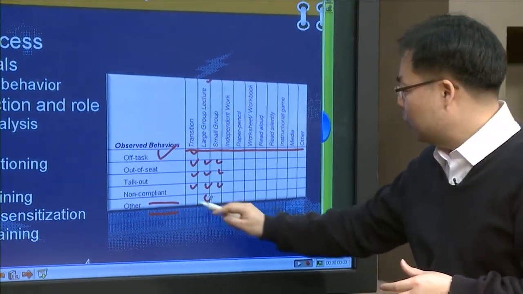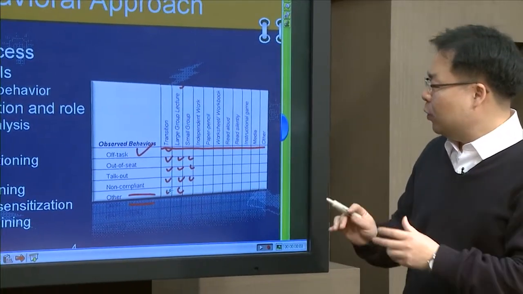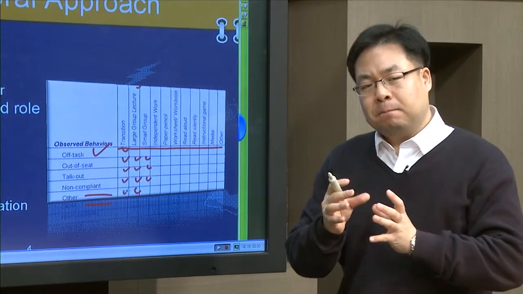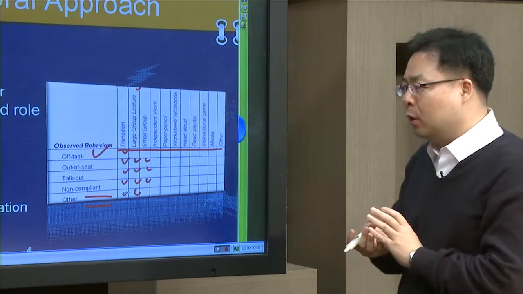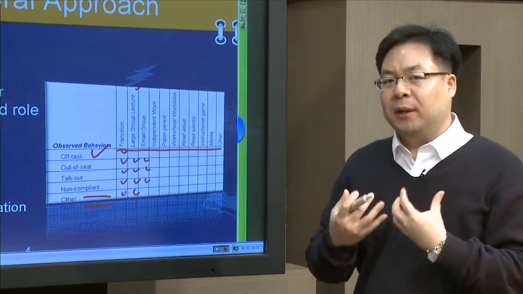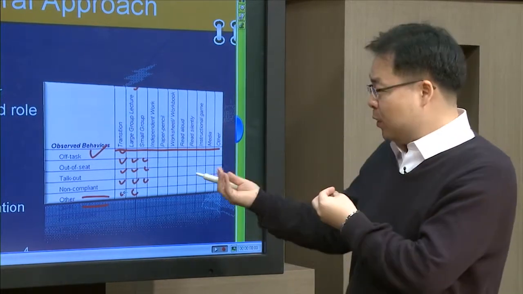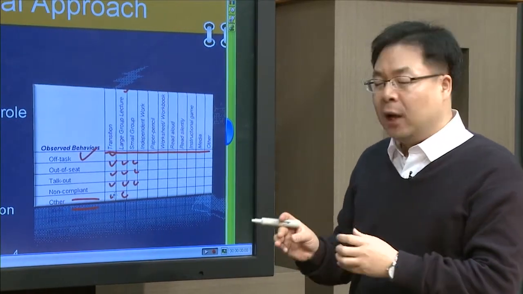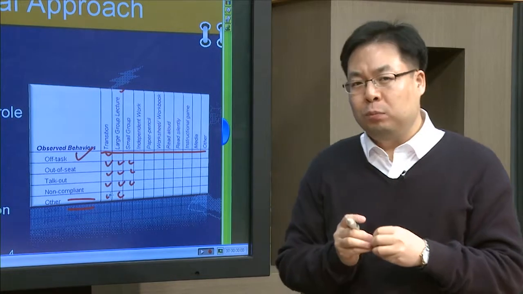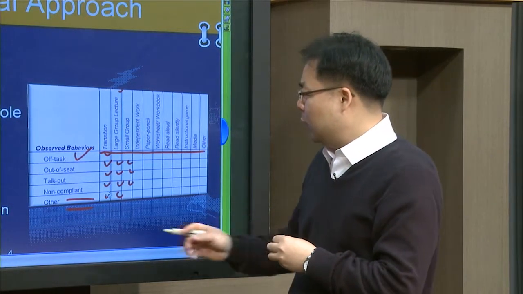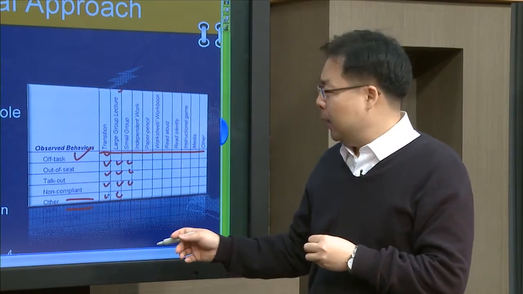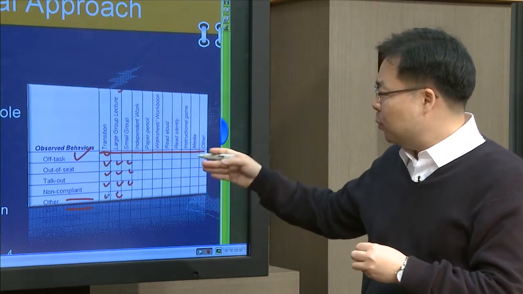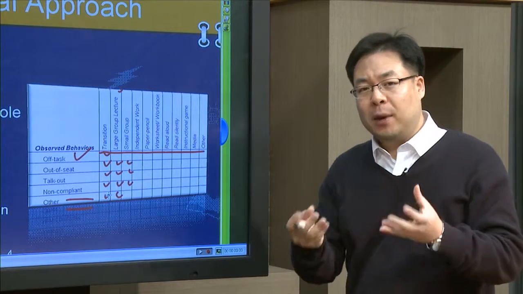So if we summarize this type of behavior analysis chart, it will give us some ideas. For example, if we analyze this result, the client is showing more problems in the transition period. We see some hierarchy: large group lecture in the middle, and in small group, the client showed better.